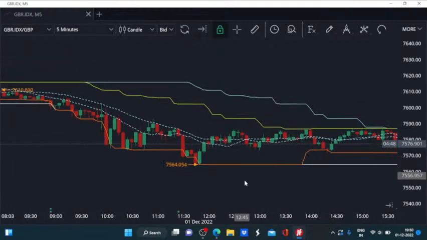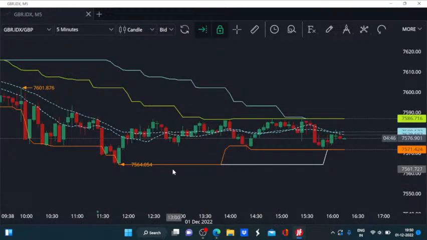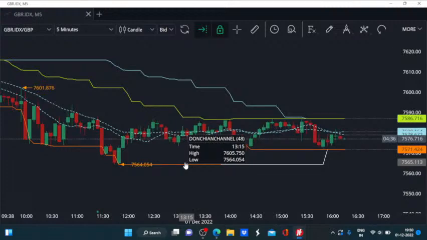So that is something to keep in mind, and here scalping kind of trades can be taken as long as there is no significant price move below this immediate low of 7,564.